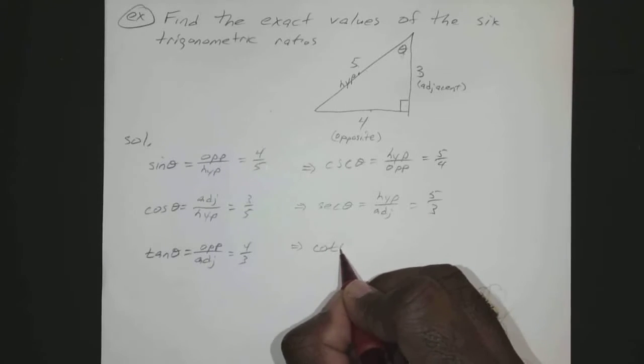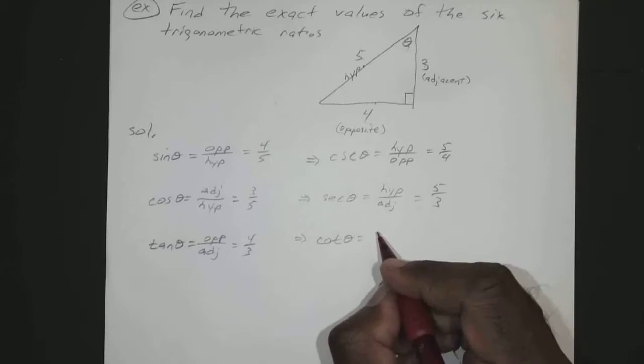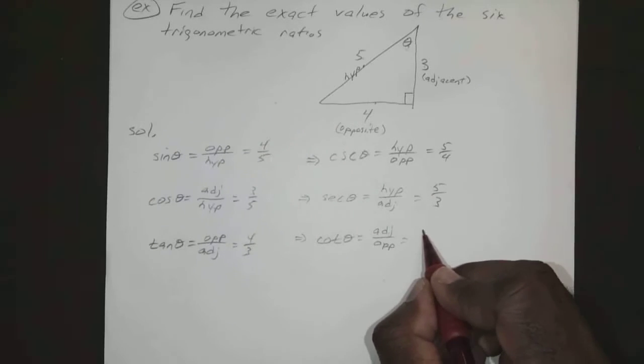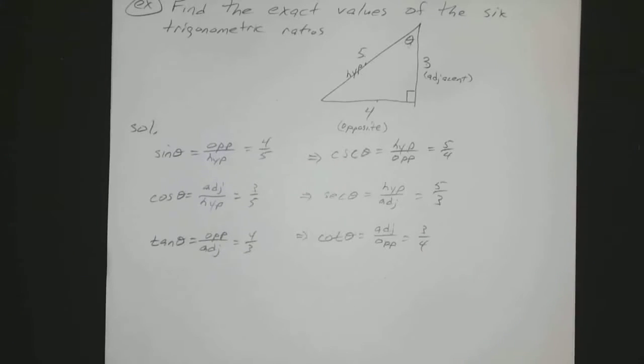And our cotangent of theta, we just flip our tangent, adjacent over opposite, which is 3 over 4. So if you have all 3 sides, you can figure out all 6 ratios. All right, so any questions on that one?